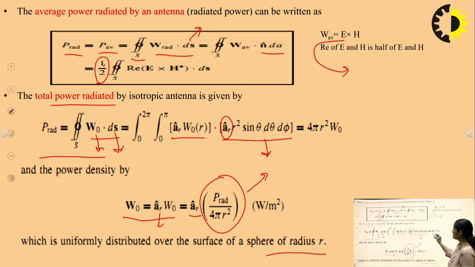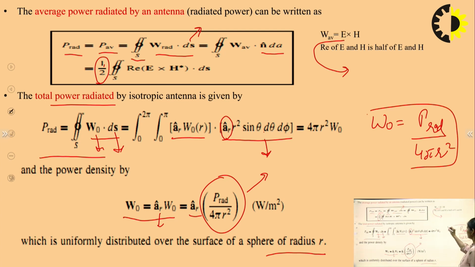When you put this value in, you find P radiated is equal to 4 pi r square W naught. So from this derivation, W naught is equal to P radiated upon 4 pi r square. Okay, so this is the formula for the power radiation. Thank you. The next parameter we will discuss in the next lecture.